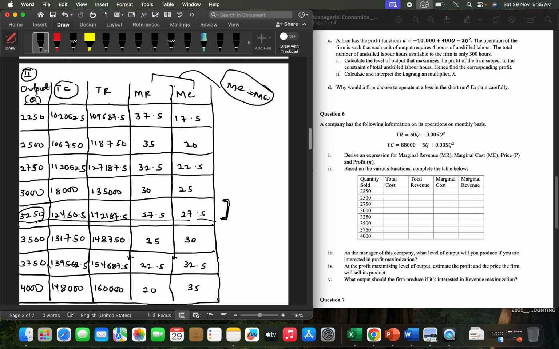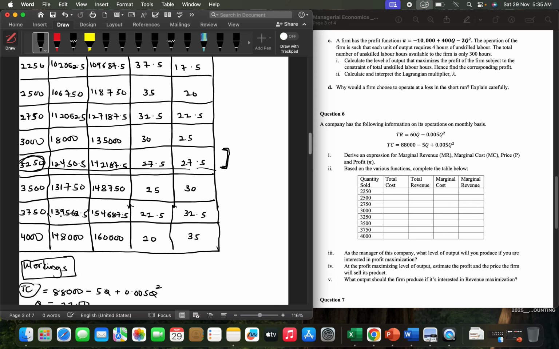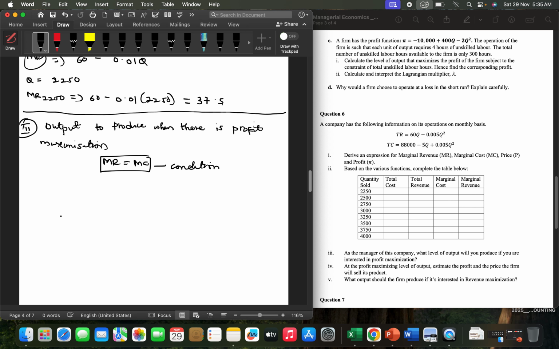The output at which profit is maximized is 3,250. So the level of output you will produce if you are interested in profit maximization is 3,250 units.